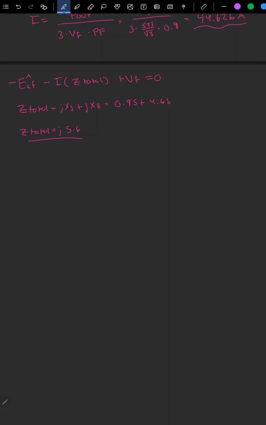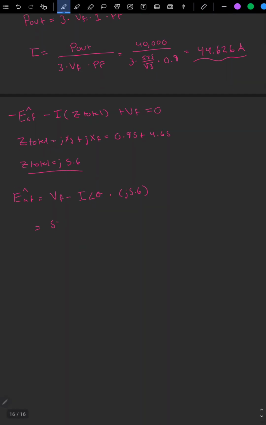So now rearranging the EAF equation, that's just going to be the 575 divided by the square root of 3 minus the I that we got.